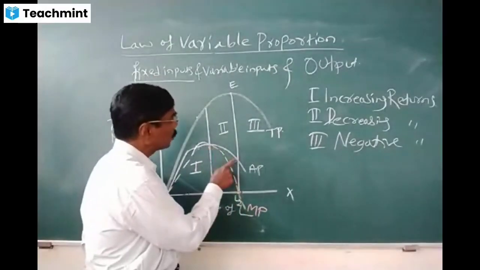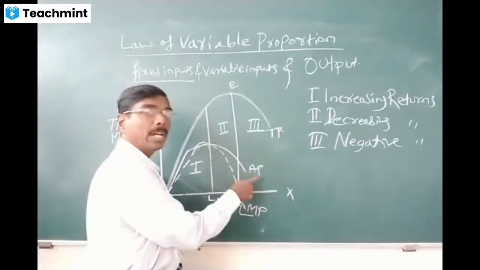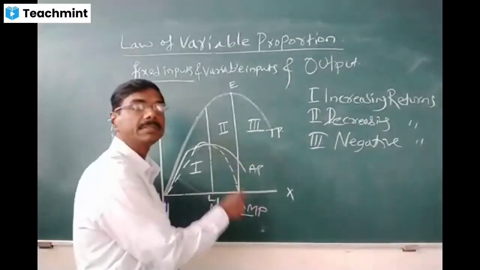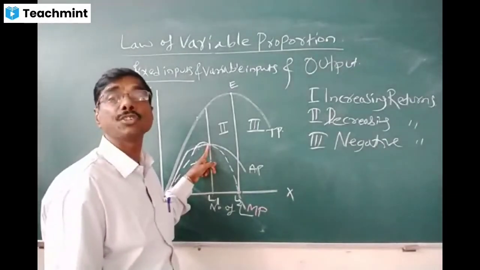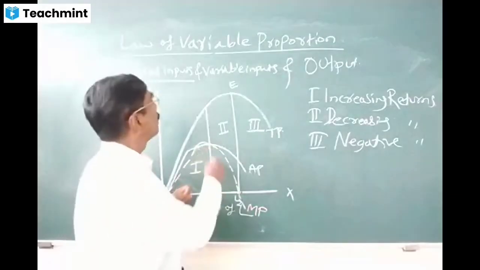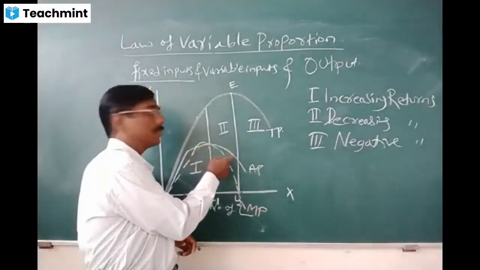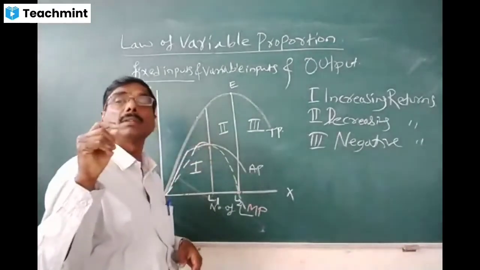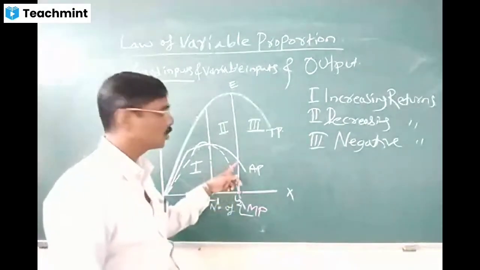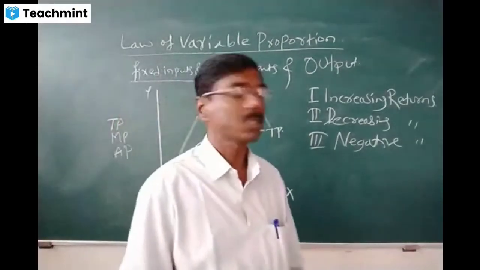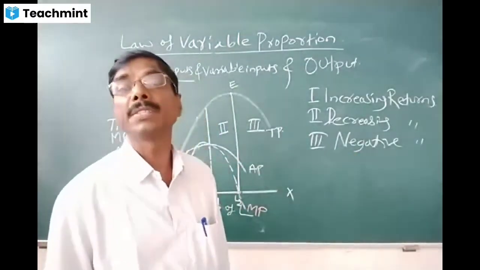And the average output curve, the AP curve, is decreasing. At the initial stage of the second stage, average output is maximum. After this, average output decreases. Next we have the third stage, negative returns.